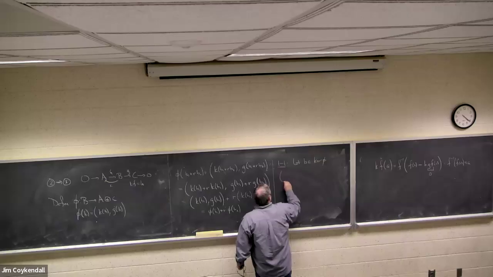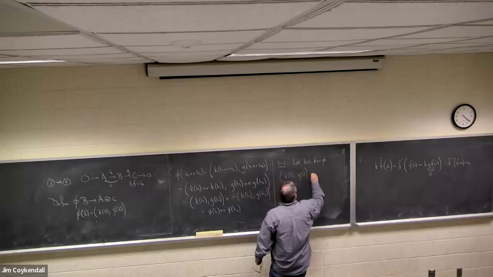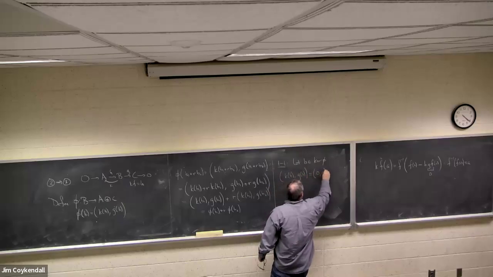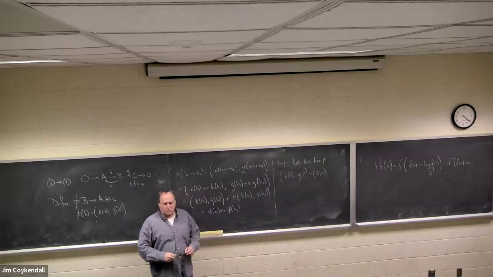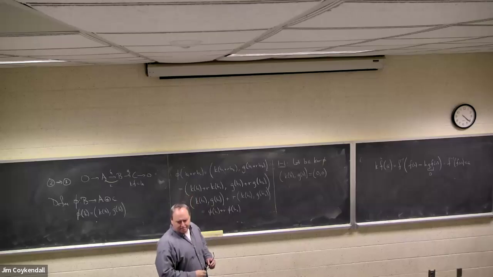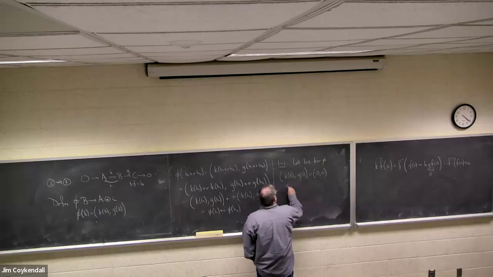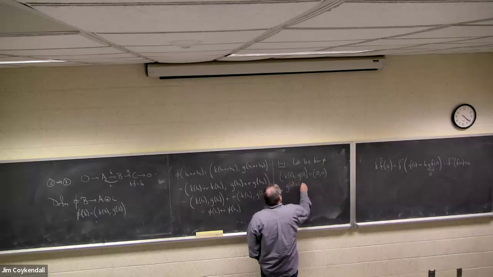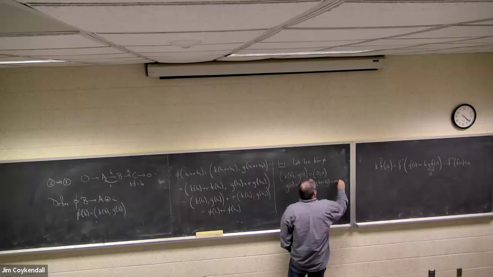This means that K of B equals 0 and G of B equals 0. So this immediately gives me that B is in the kernel of G, which is the image of F.